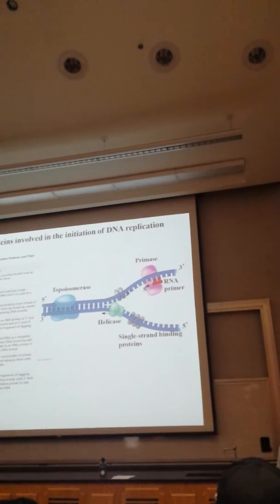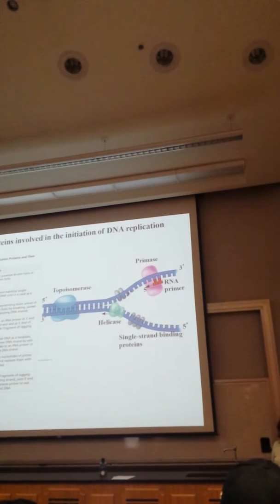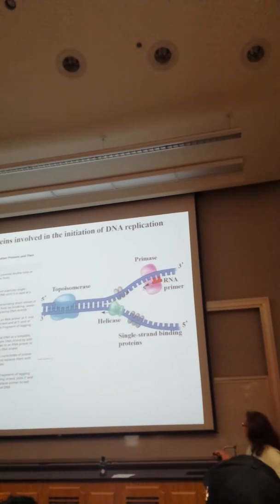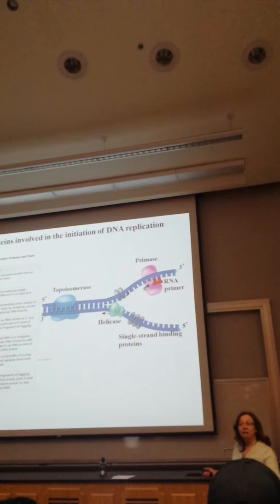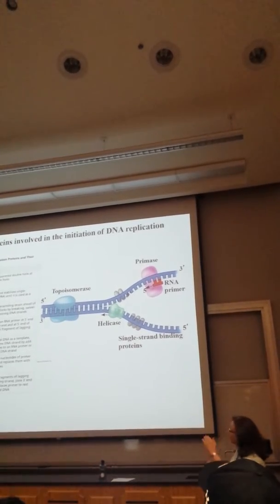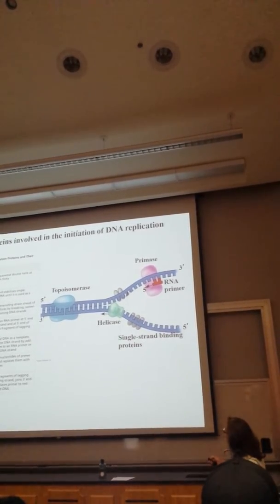All right, now I'm going to go into what has been determined about what is used during DNA replication, and a list of the proteins that are used in bacterial DNA replication. Like I said, this is where most of what we know comes from, studies on E. coli. The first thing an E. coli cell has to have to replicate its DNA is a helicase.